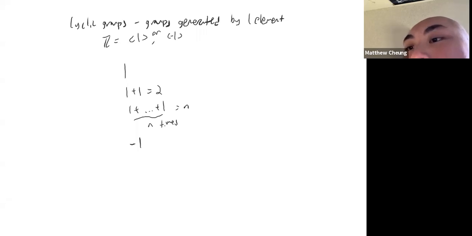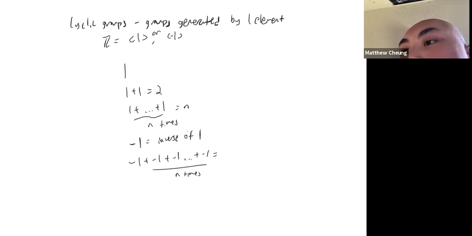Now I can get every negative number by taking the inverse of 1 and adding it -1 n times. What you're going to see is you get all the integers.